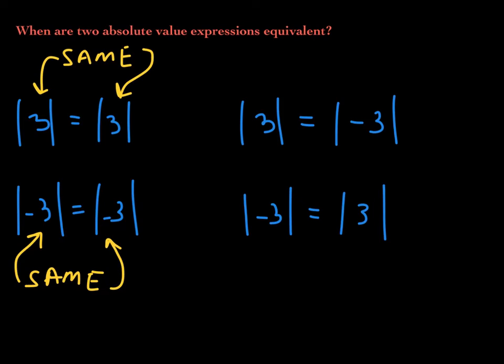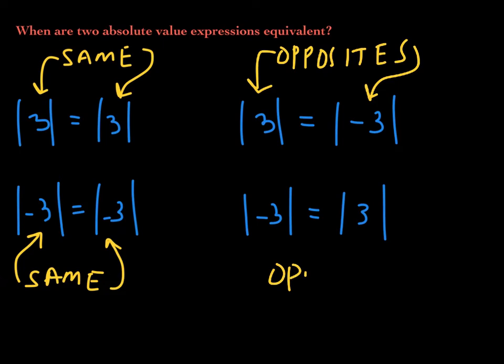Would you agree? Of course you would, because you know that both of these left and right hand sides are equal to 3 units. So these are true as well, and notice that the expressions within the absolute value bars are opposite each other. Same thing down here, negative 3 and positive 3 are opposites.